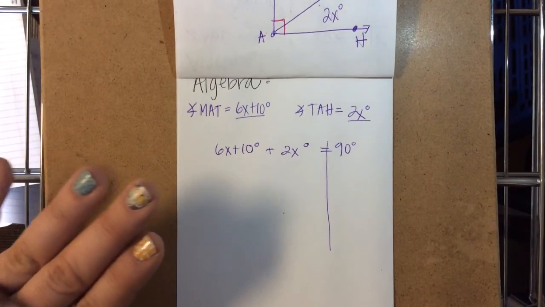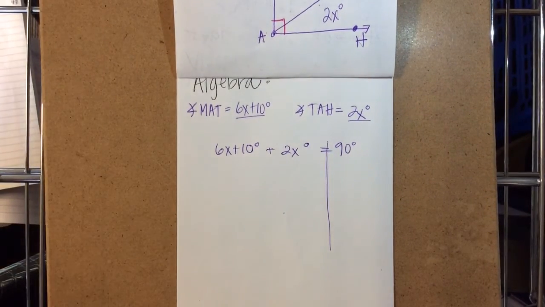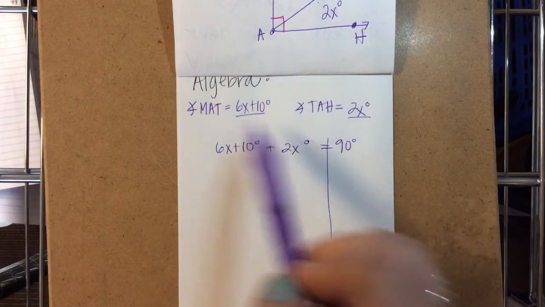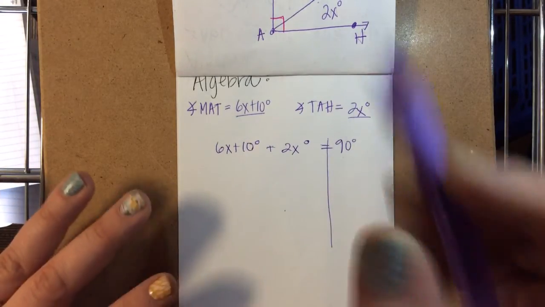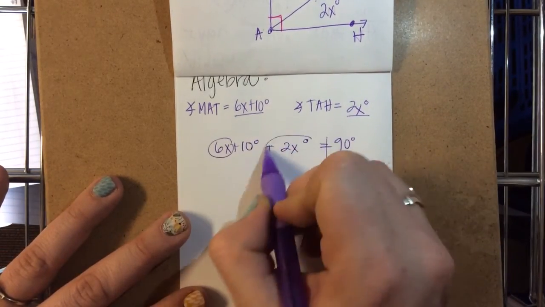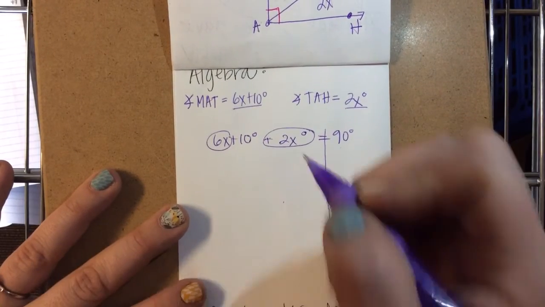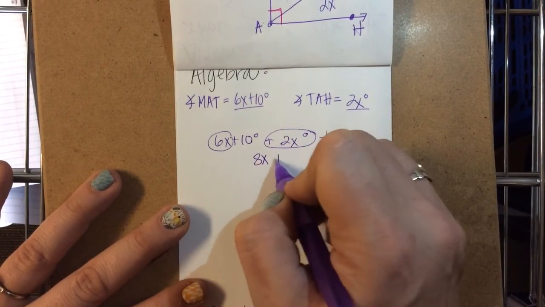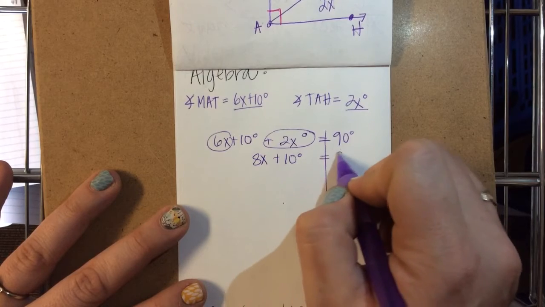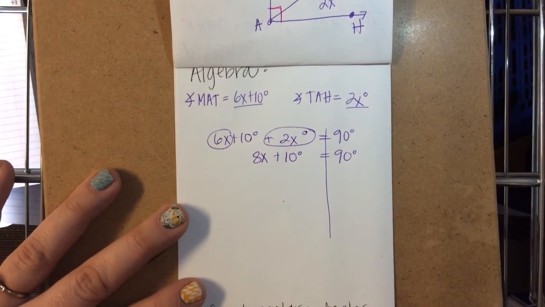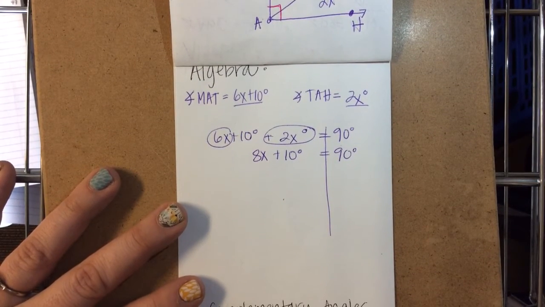All right, let's look at the left-hand side. If I add the first angle and the second angle, I should get 90 degrees. So looking at this side, what can be combined? 6x and 2x. 6x and 2x makes what? 8x. 8x plus 10 degrees equals 90 degrees, correct? Yeah. Is that it?